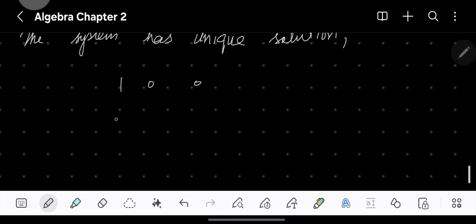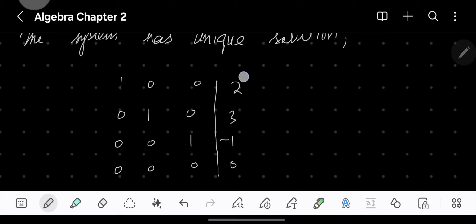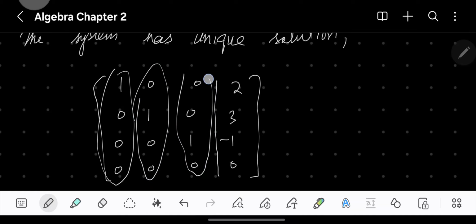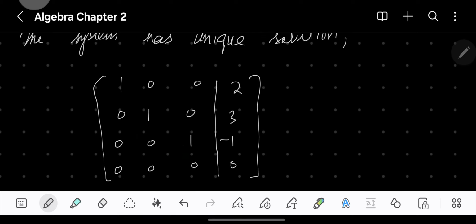For example, 1 0 0, 0 1 0, 0 0 1, and here we have 2, 3, minus 1. You can check each column has its pivot entry and there is no contradiction. If you want to check where is the contradiction, look at the row of the coefficient which is 0.